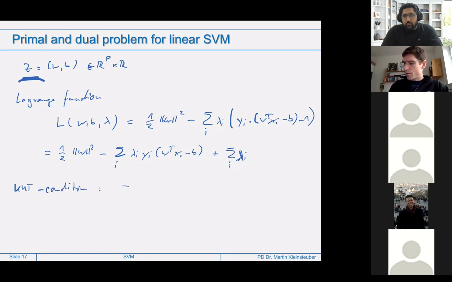It says that the gradient here with respect to W and B is 0. Now, what is it? Well, the gradient here of this function is in R^(p+1), so it's an R^(p+1) vector.